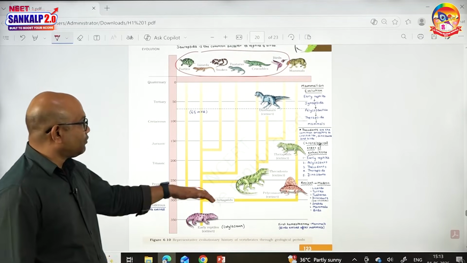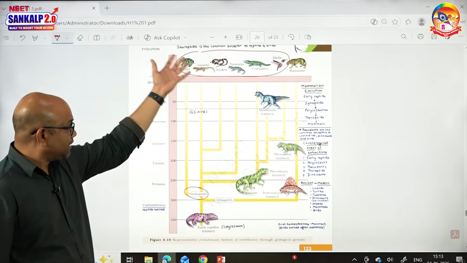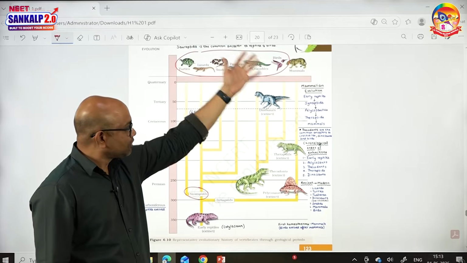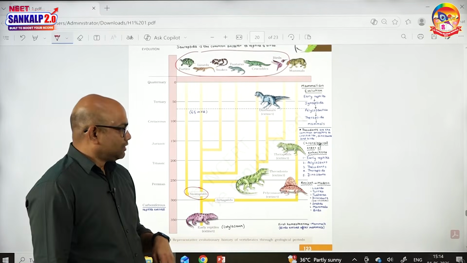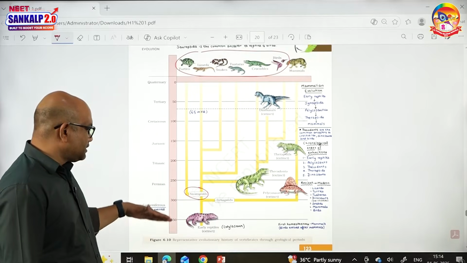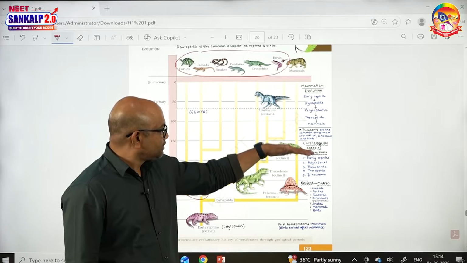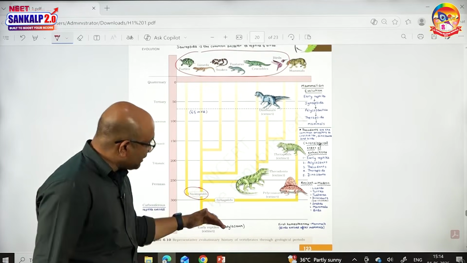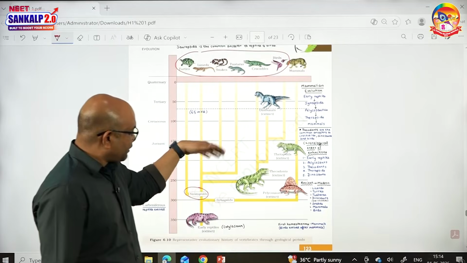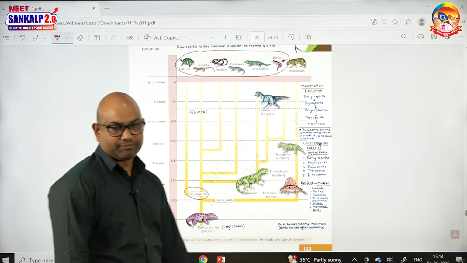So, sauropsids evolved into birds, sauropsids evolved into modern reptiles like turtles, lizards, snakes, tortoises, crocodiles. Regarding the evolution of mammals: early reptiles, synapsids, pelycosaurs, therapsids, mammals. From reptiles mammals evolved, from reptiles birds evolved, from the ancient reptiles, early reptiles, modern reptiles evolved.